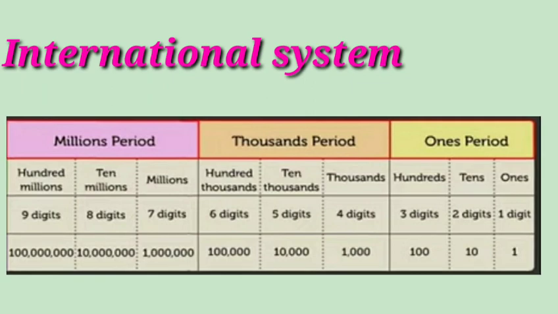In this place value chart, children observe carefully. Place values are there and numbers are there. One by one, I will say ones, tens, hundreds, thousands, 10,000s, 100,000s, millions, 10 millions, 100 millions.